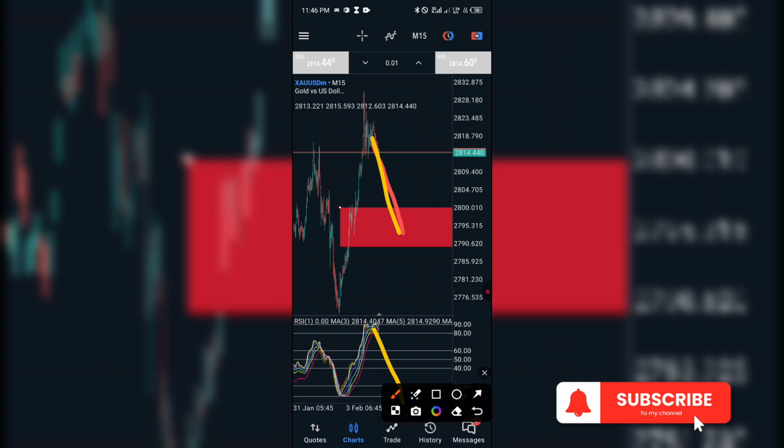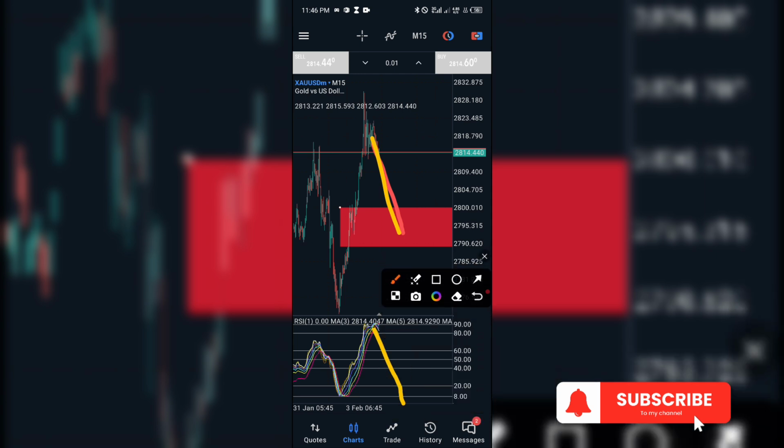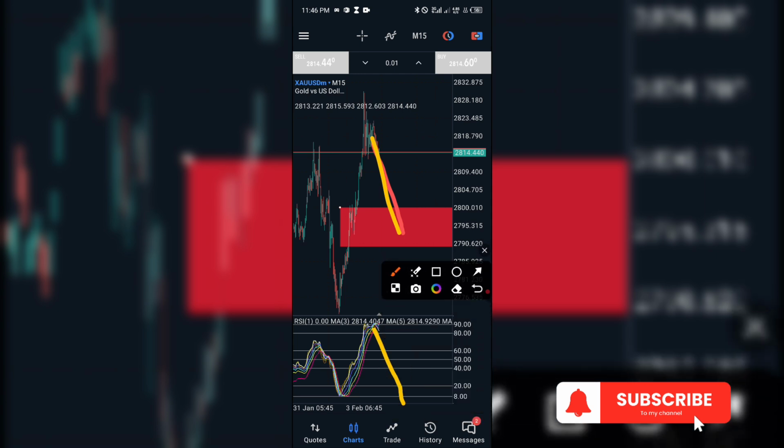Now all you need to do is to wait for price to get to this level, around the 8 to 20 level.